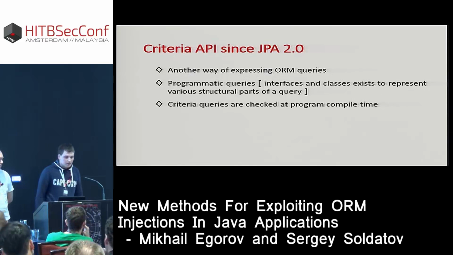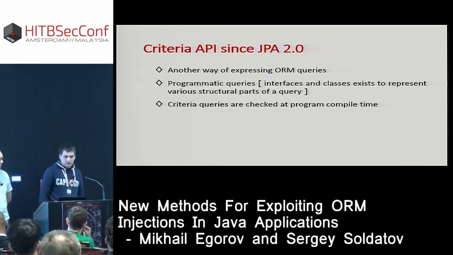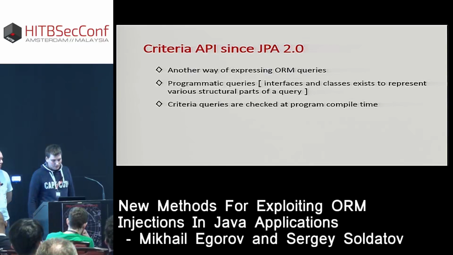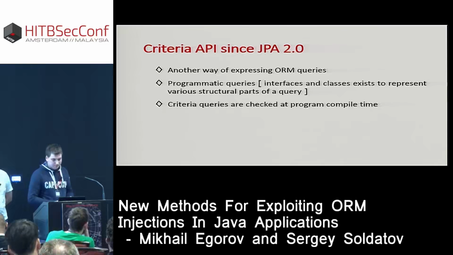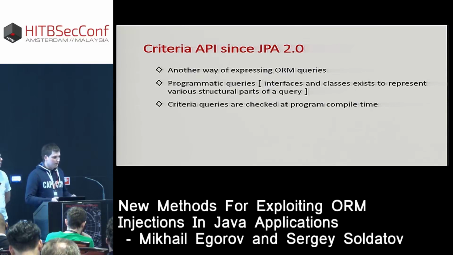And since JPA 2.0, there is the Criteria API. This is a set of interfaces and classes to construct queries programmatically. So in your Java application, you can have two alternatives.